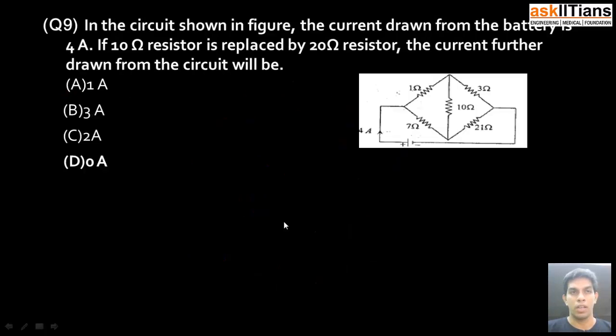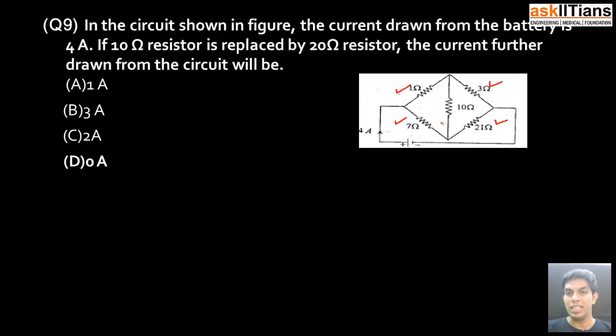So moving on, 9th question. In the circuit shown in the figure, the current drawn from the battery is 4 ampere. If the 10 ohm resistor is replaced by a 20 ohm resistor, the current further drawn from the circuit will be ___. Now in the given circuit, I can see that this is 1 ohm, this is 7 ohm, this is 3 ohm, and this is 21 ohm.